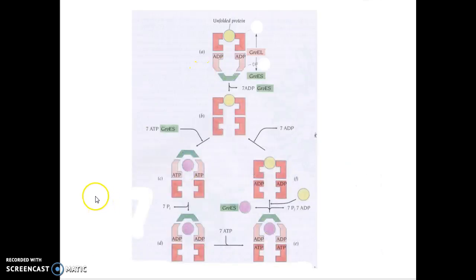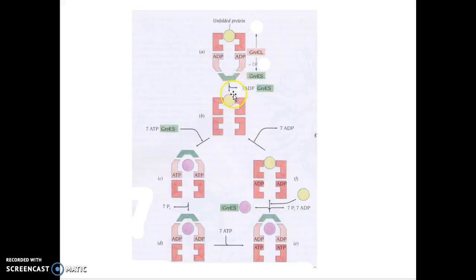In this slide, you can see the possible functional cycle of the GroEL and GroES molecule. First, an unfolded protein molecule, yellow color, binds to one end of GroEL ADP complex with bound GroES, green, at the other end.